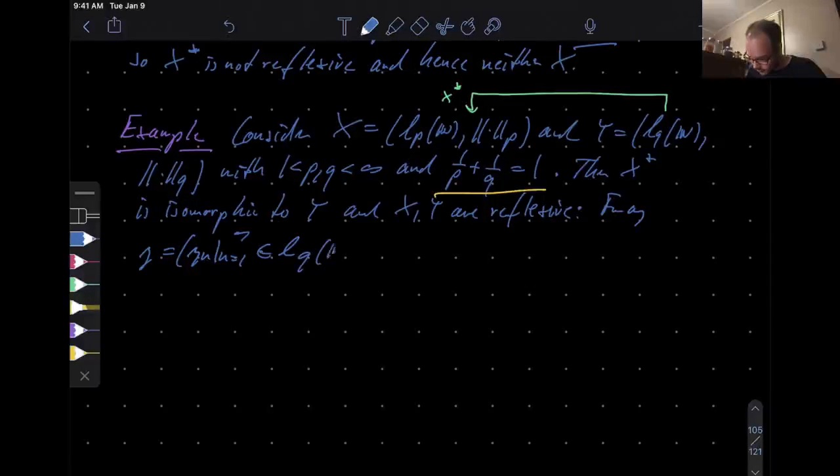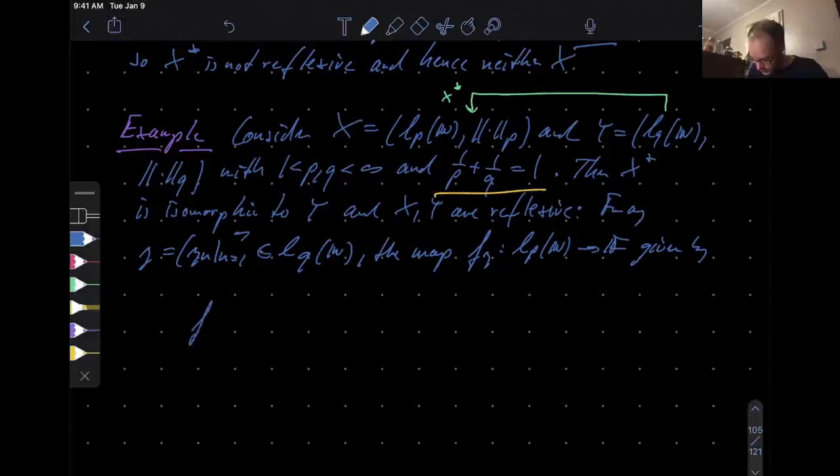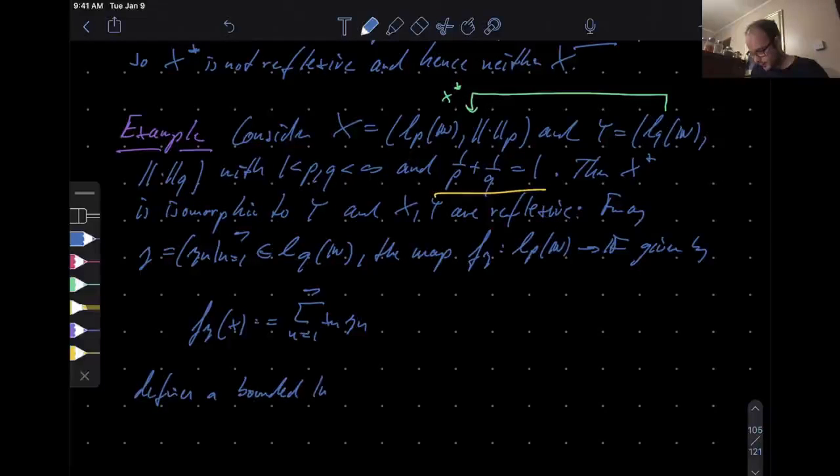So for y in l^q, the map f_y, which will be a linear function on l^p, the map given by f_y(x) equals the sum of x_n y_n, defines a bounded linear functional on l^p.